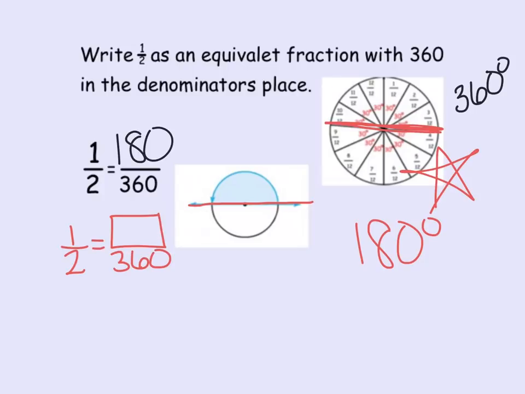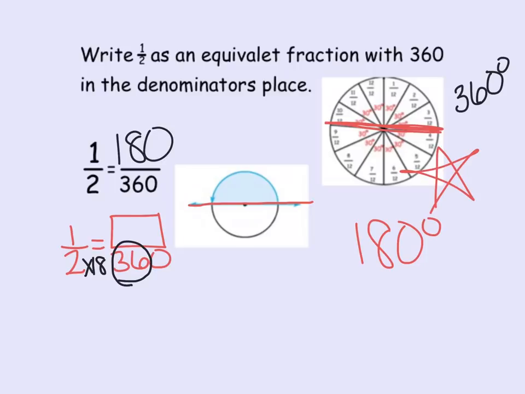There's also another way to solve this equation instead of counting your degrees. I know from past lessons that I can find this missing blank if I think, okay, what can I do to 2? I can multiply it by something to get 360. I know that 2 times 18 gives me the 36.